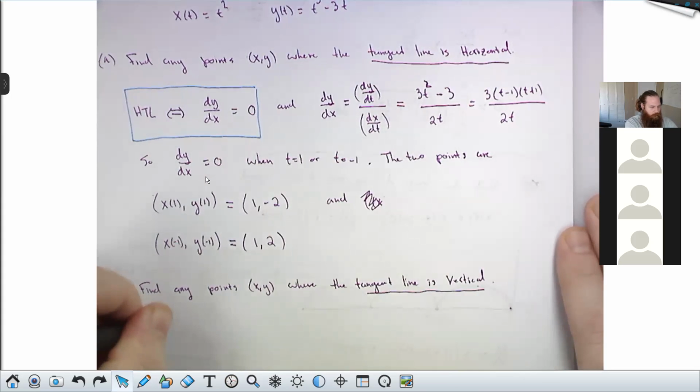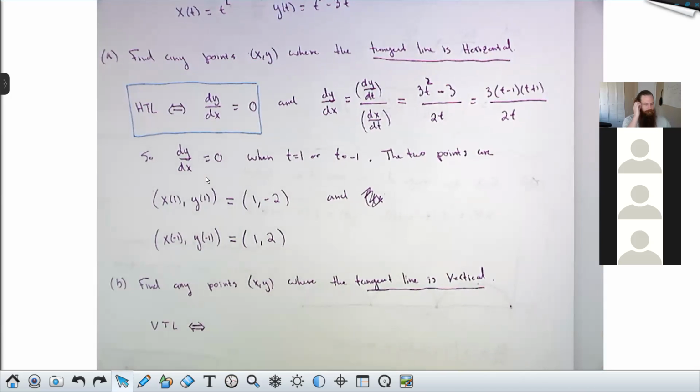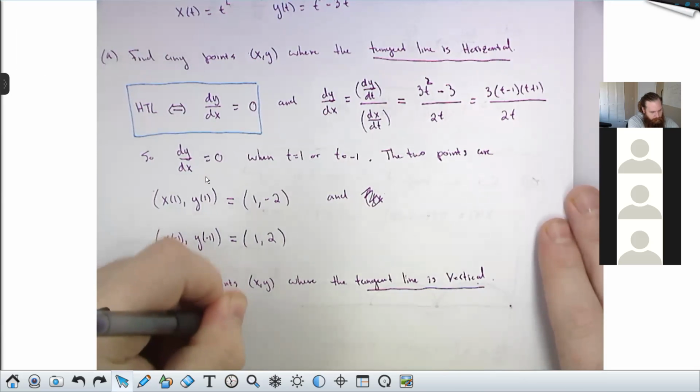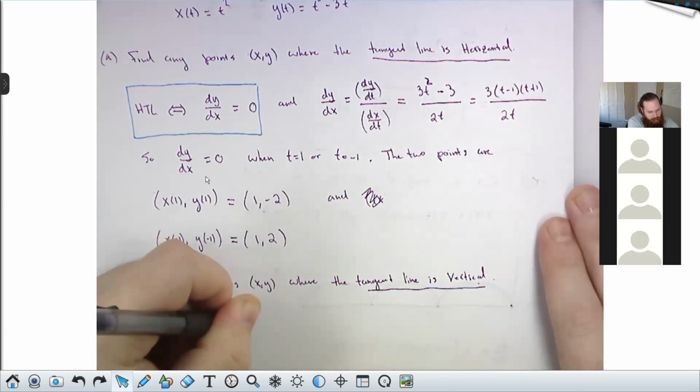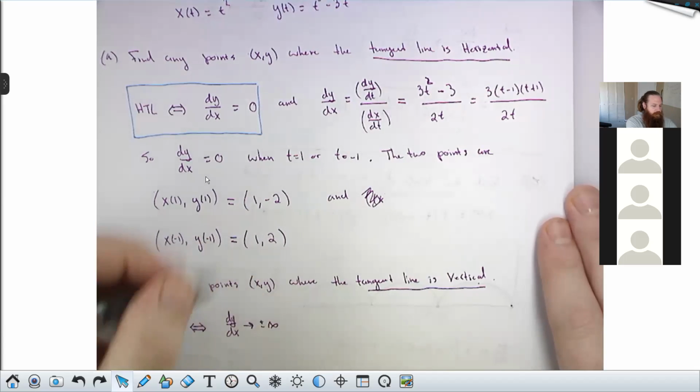And vertical tangent lines correspond to what happening with the derivative? What's the slope of a vertical line? Undefined. It's a particular kind of undefined, though. It means that dy/dx, the slope of my tangent line, has to be tending towards plus or minus infinity.